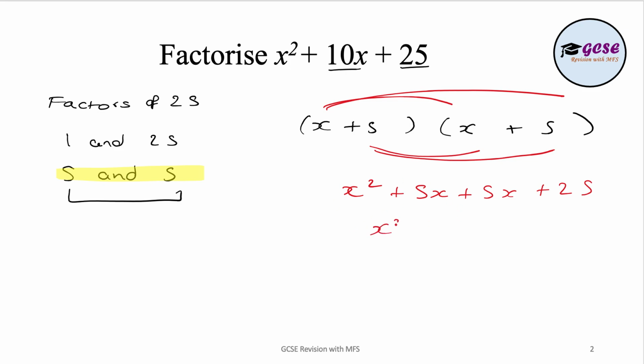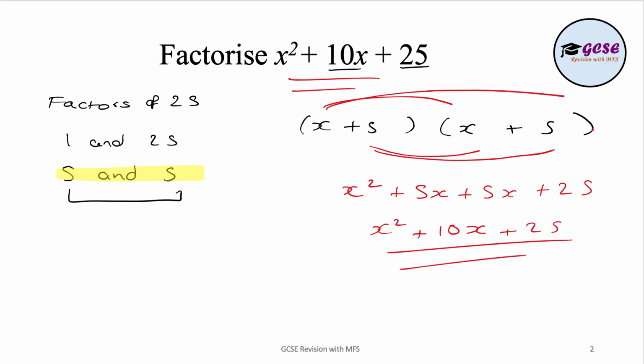Simplifying that is x squared, 5x add 5x is 10x, add 25. And that is the same as this, so we know that our factorized brackets are indeed correct.